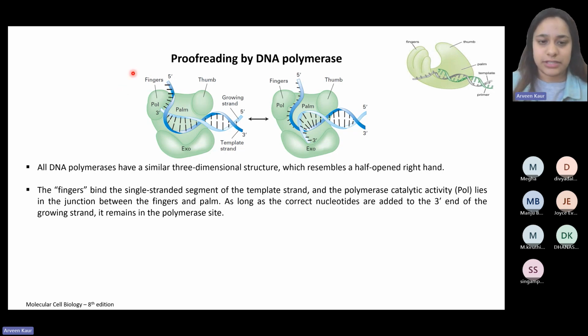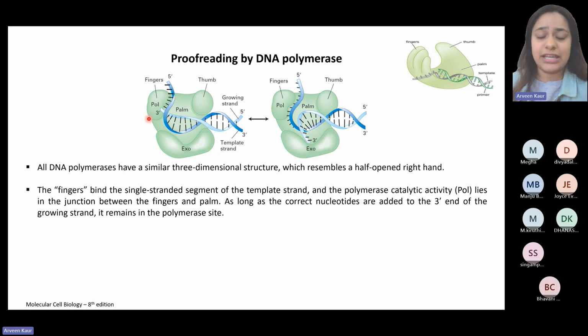That is how this representation is being made. In this representation, we can see these fingers which have polymerase activity. This polymerase activity will be the same 5' to 3' adding polymerase activity. The thumb has a different role that we are not talking about right now.